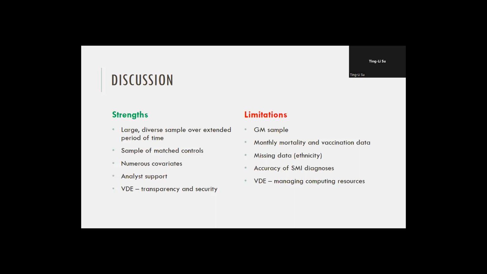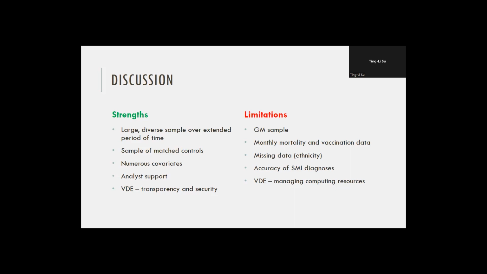In terms of using the GMCR, there's lots of the usual limitations to using routinely collected data, but using GMCR has got lots of strengths. Over and above that large data set, you've got that RDE support, which makes your life 10 times easier as a researcher and gives that extra veneer of checks and validation.